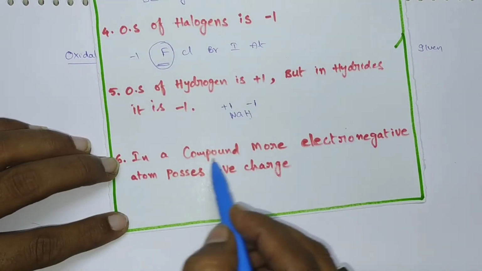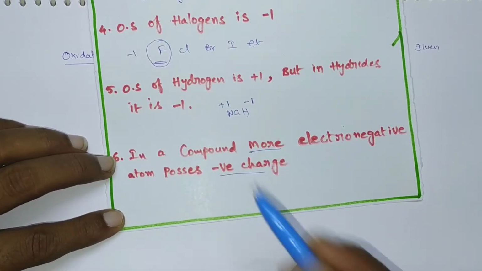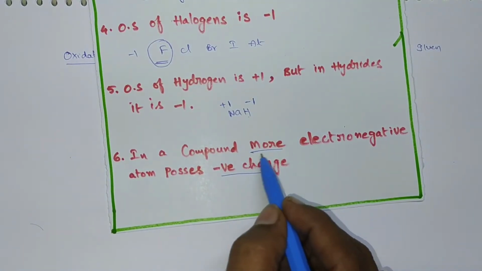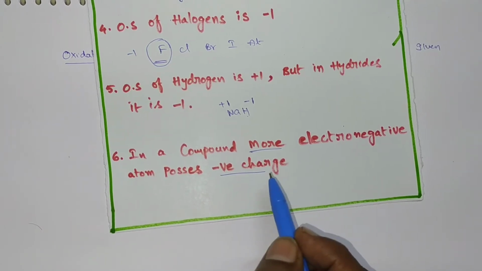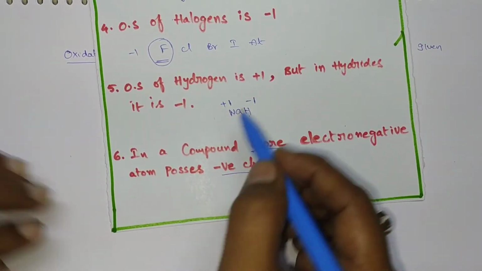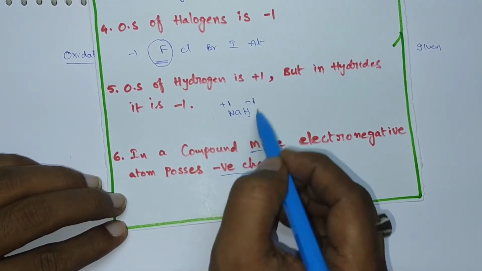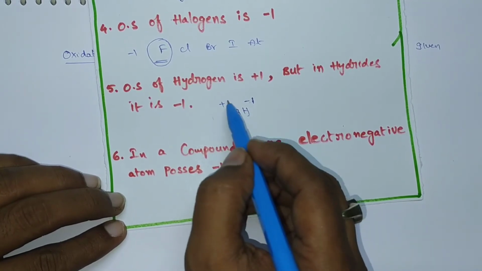Next, in a compound, the more electronegative element possesses negative charge. In a molecule, the more electronegative element possesses negative charge. Suppose you take this one, hydrogen is more electronegative than sodium, so hydrogen possesses negative charge and sodium possesses positive charge.